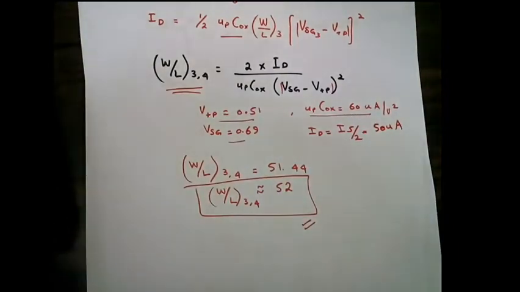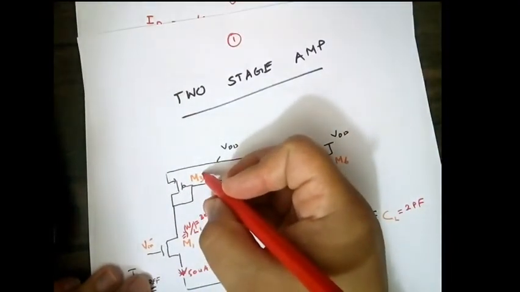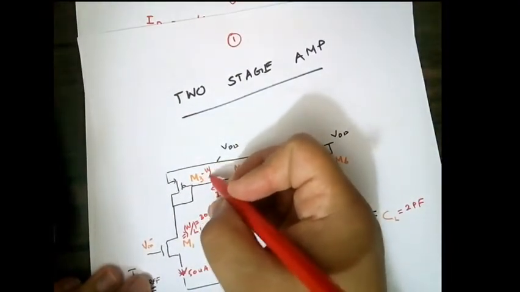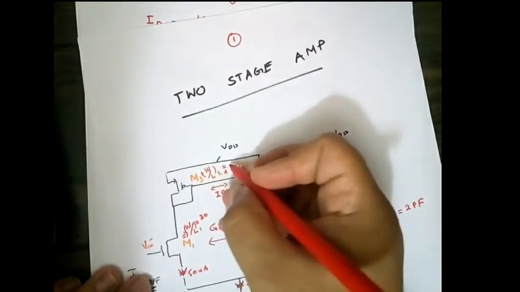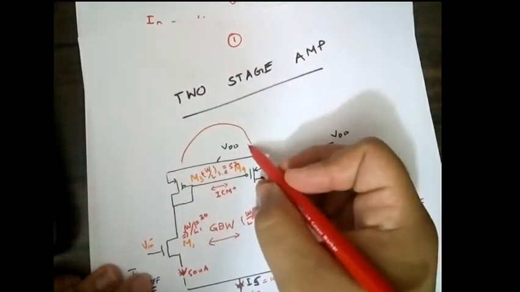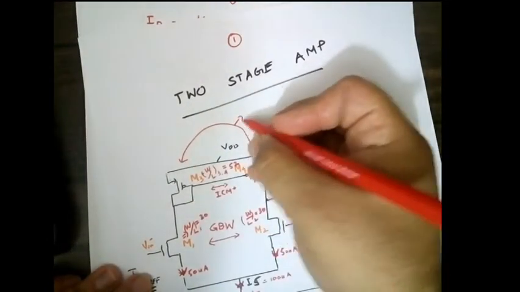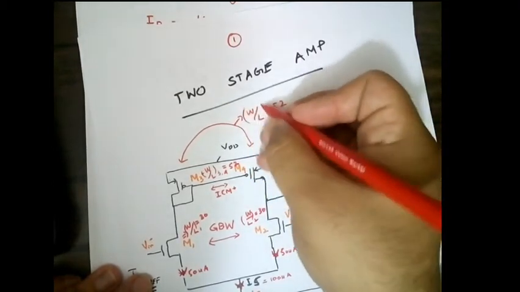That's another thing we found out, which was required by us. So W over L for 3 and 4, let's write together, is equal to 52, for both of them.